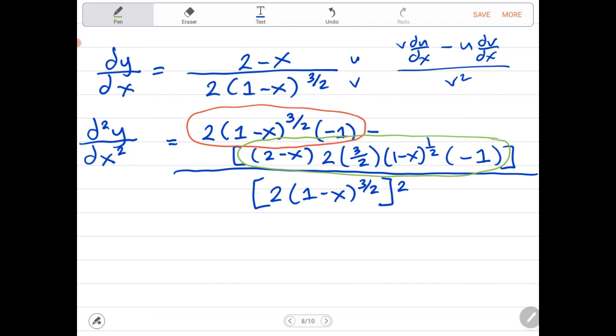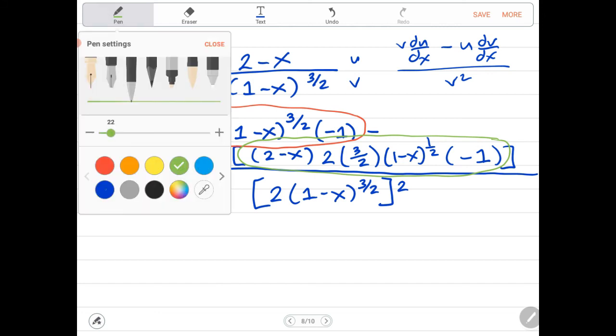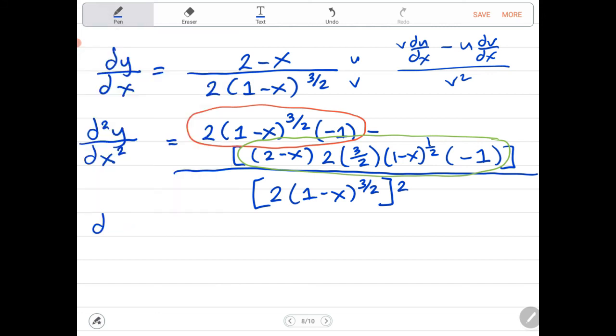Let me use the color green, to make it easier to look at. So the second derivative of y with respect to x is, copy the color red, 2 times 1 minus x raised to 3 over 2, or that is negative 2, right? So negative 2.